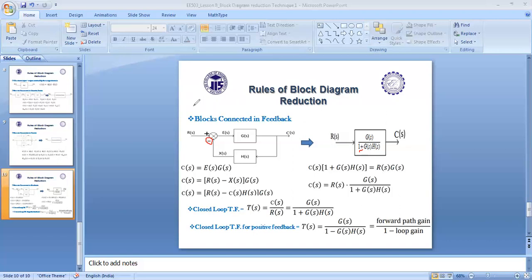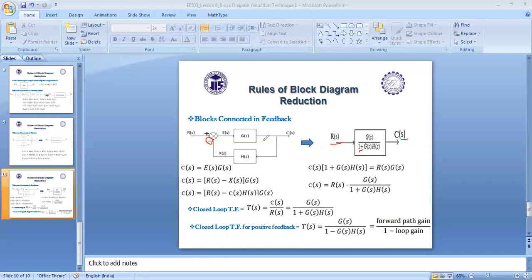Once these rules are known to you, you will be able to simplify a number of blocks representing a complex control system to a single block, so that a direct relationship between input and output can be obtained.